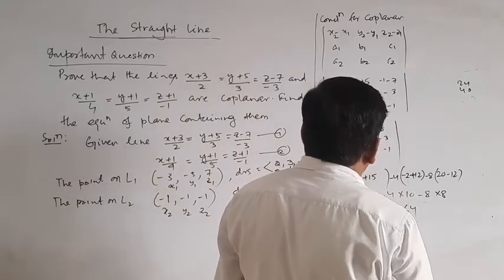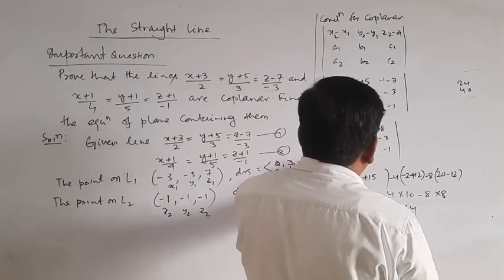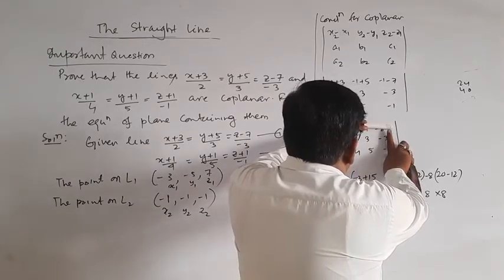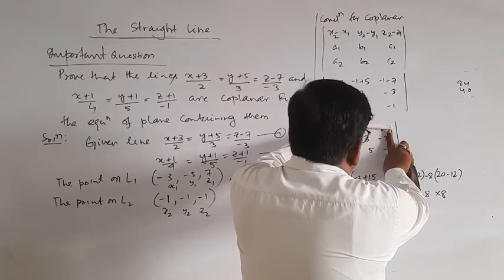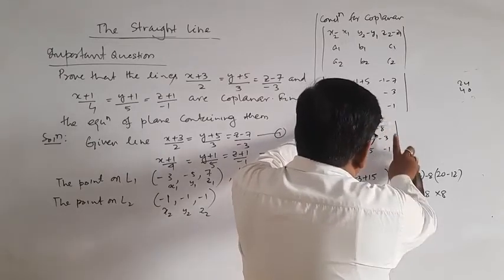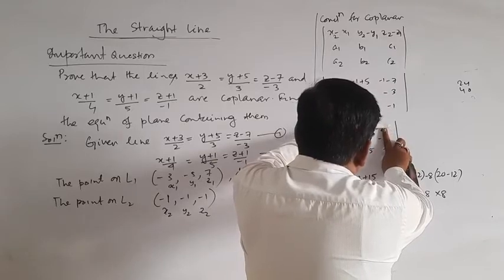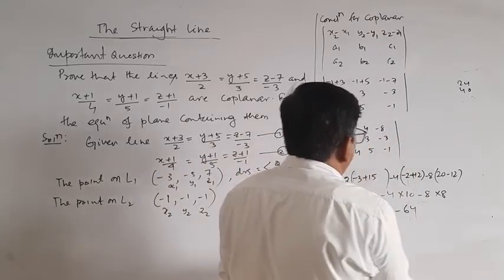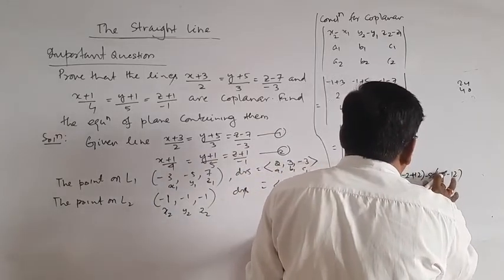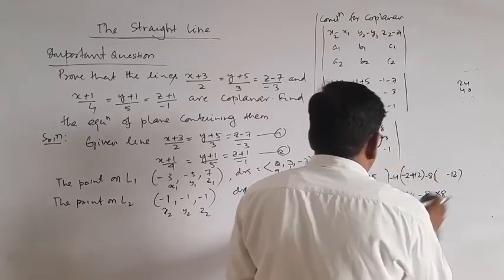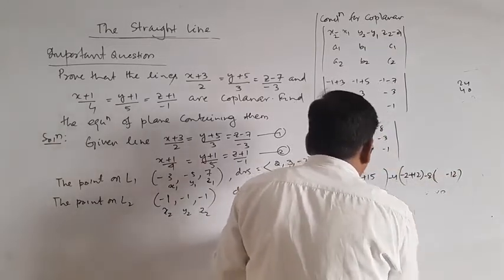And this is 10 minus 12. Wrong, it is written. That is 10 minus 12, not 20 minus 12. The calculation is wrong here.